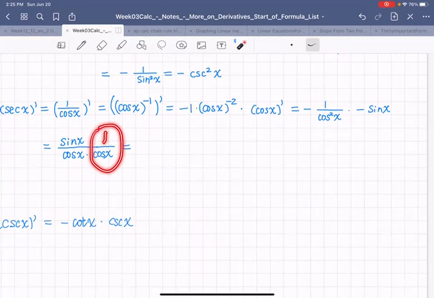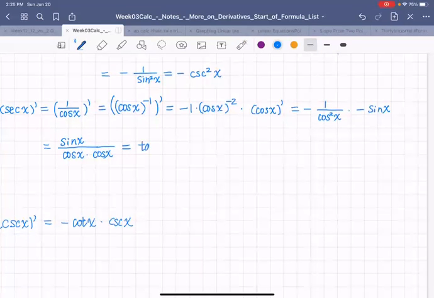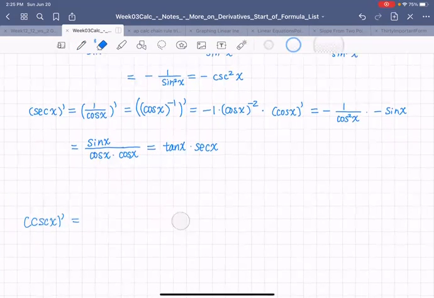One over cosine x, which is also secant x. So this equals tangent x times secant x. Does that make sense? Yes, makes sense. Very good, Lawrence. That's awesome.